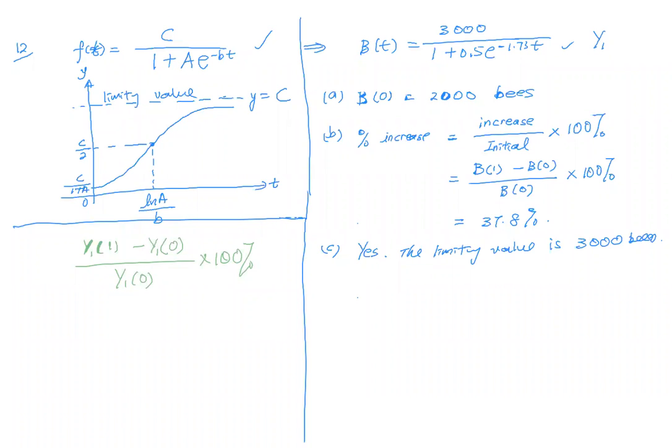Okay. So when you see the next question, when I teach you the technique, you have to know which question I must do the analysis, which question I mustn't. If I change this question C, if I make a question like that, show that the limiting value of B(t) is 3,000.